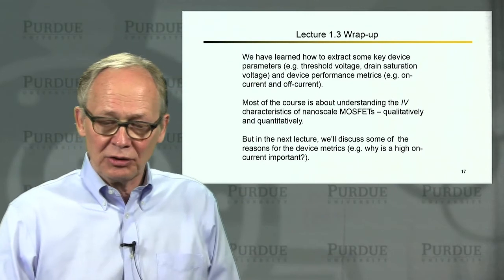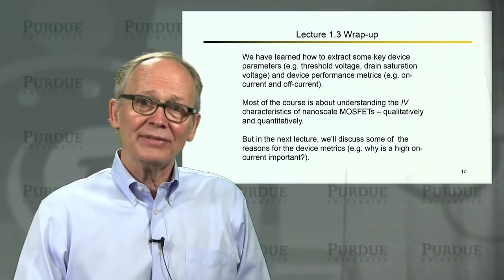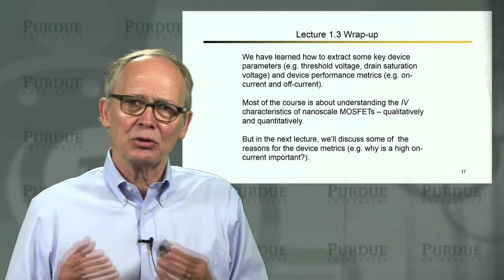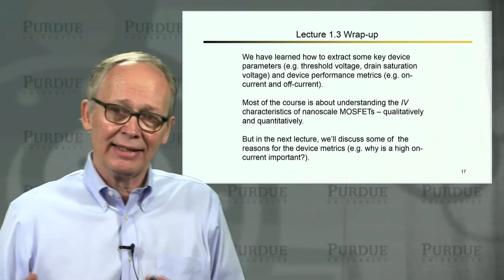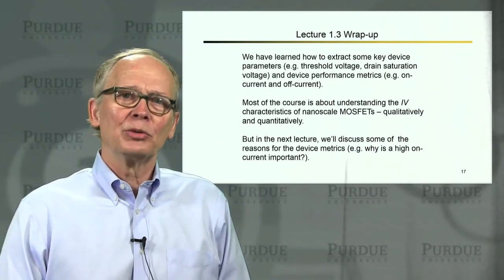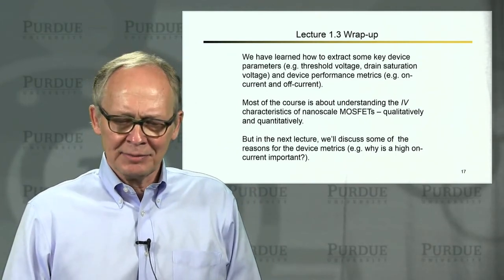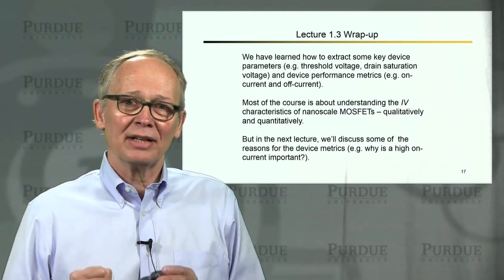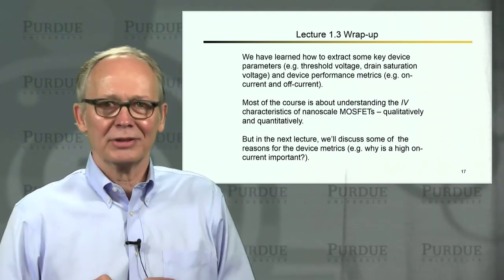Most of the course is going to be trying to understand what physics controls these parameters, both qualitatively and quantitatively. How do we get a high on current? But in the next lecture, before we dive into device physics, I want to talk briefly about why device designers want a high on current and a low off current.